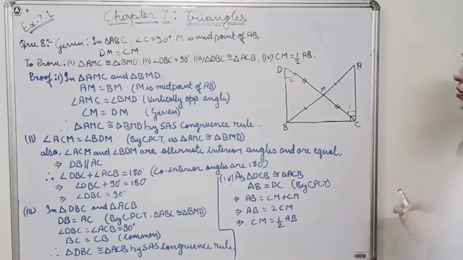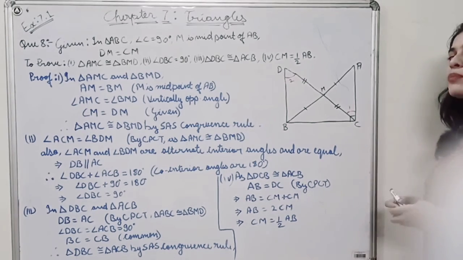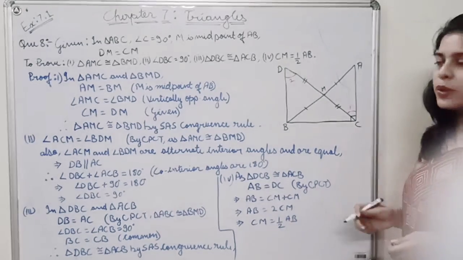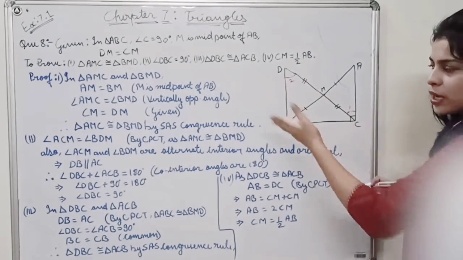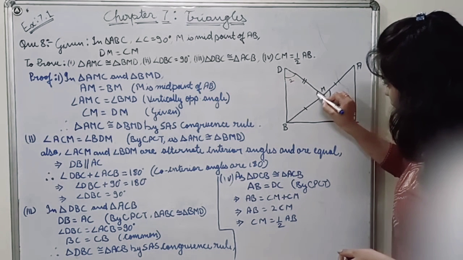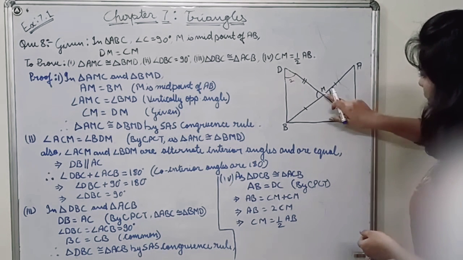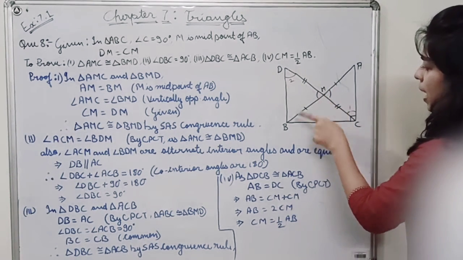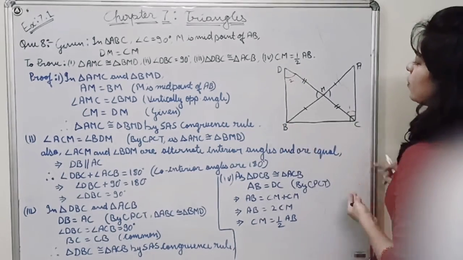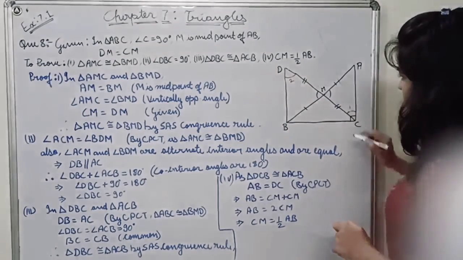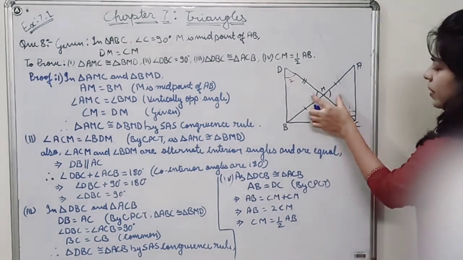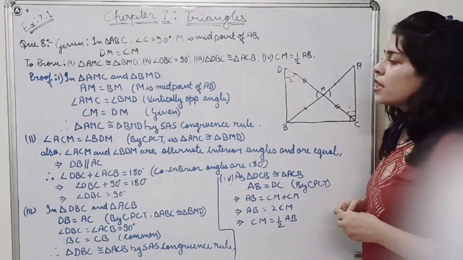Two pairs of sides we got equal; if we get the included angle of these two sides also equal, then by side angle side congruence rule, the two triangles will be congruent. And clearly if you see the figure, we have angle AMC equal to angle BMD by vertically opposite angles. They are vertically opposite angles because DC and AB are intersecting at point M, so they make vertically opposite angles, and they are equal.